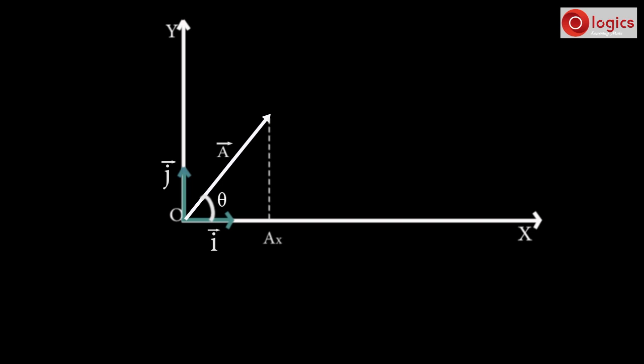Now project a line from the head of a bar to the y-axis. It meets at point Ay on the y-axis. Here Ax is called the horizontal component of a bar, and Ay is called the vertical component of a bar.